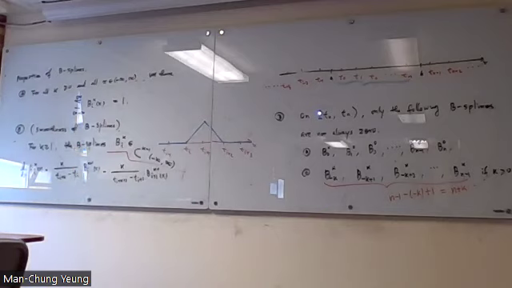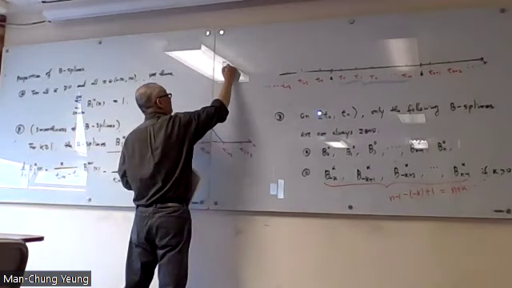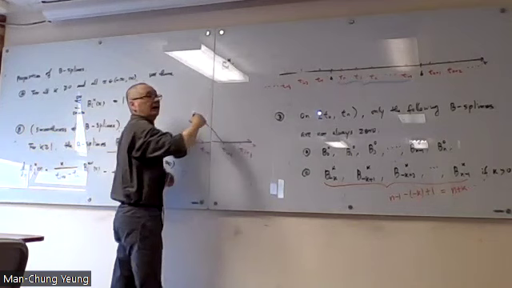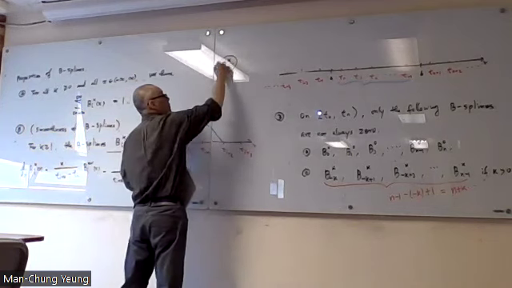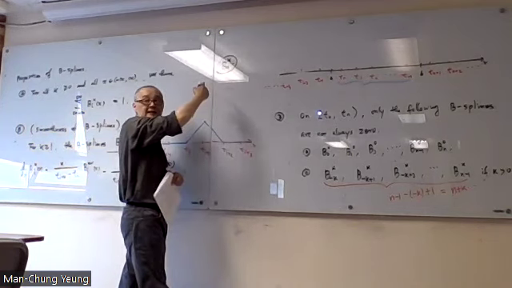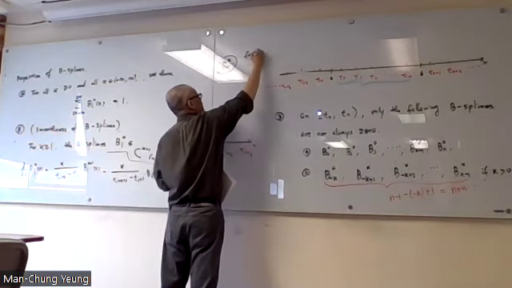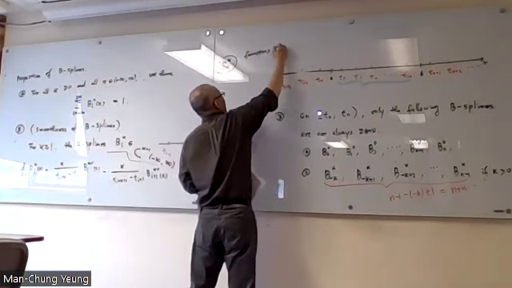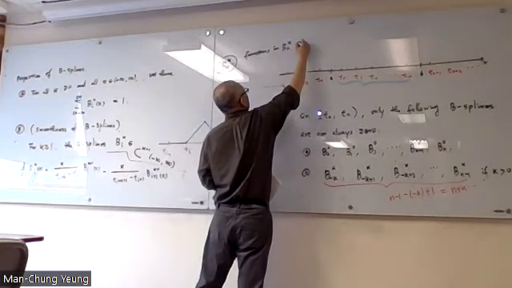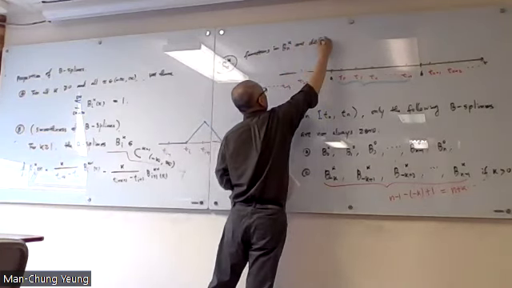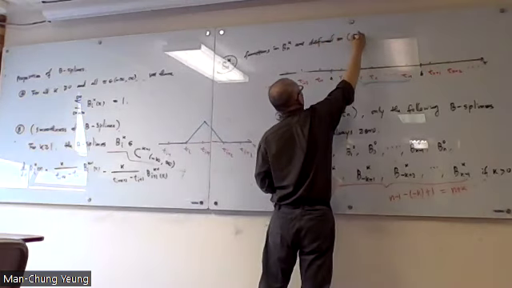Okay, now we have basic splines. From basic splines, let me construct a basis for this space. The functions in this space are defined on the interval [a, b].